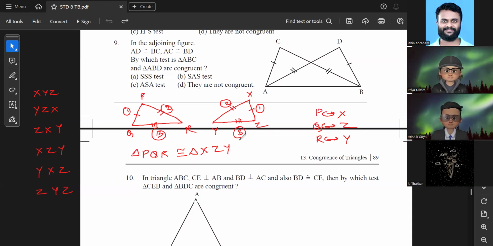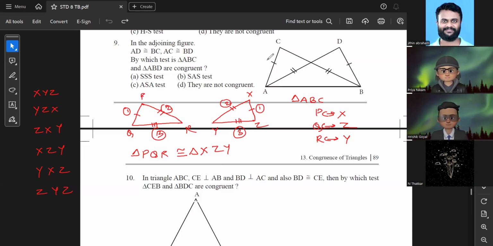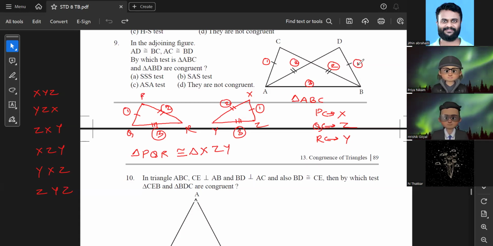Now using the same logic, I have created the congruence over here. So triangle ABC. Now which vertex corresponds to A? So A is between the first and the third side. You got my point? This is the second side. This is the second side. This is the first side.